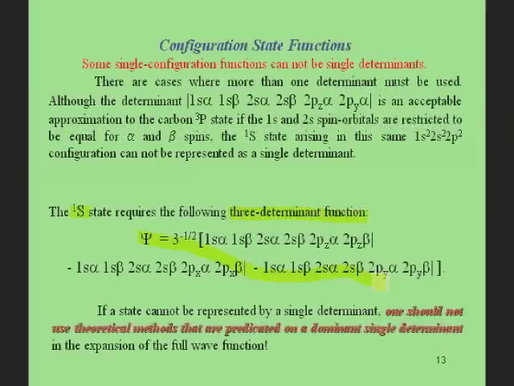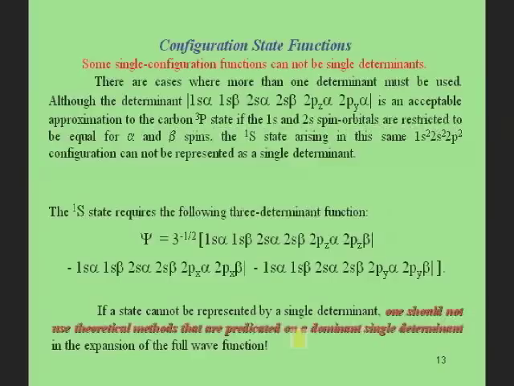So in this case, we have, for this configuration, 2p squared, but for the singlet S state, this is the simplest configuration state function that can be written down. It's not a single determinant. We should not use Hartree-Fock theory because it's predicated on a single Slater determinant. So this is sort of scary news to many people.